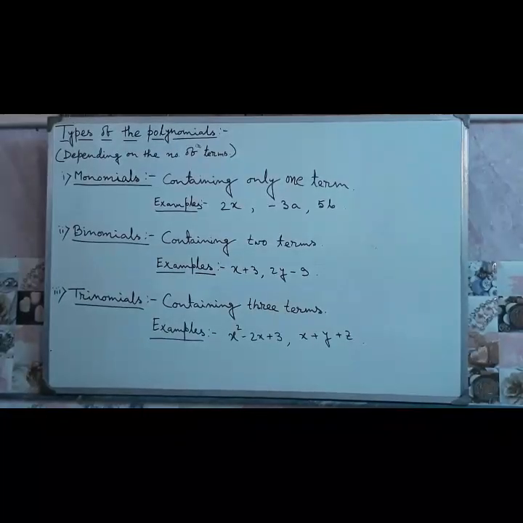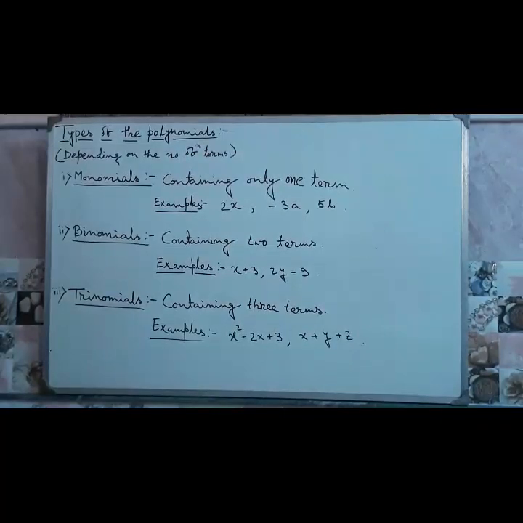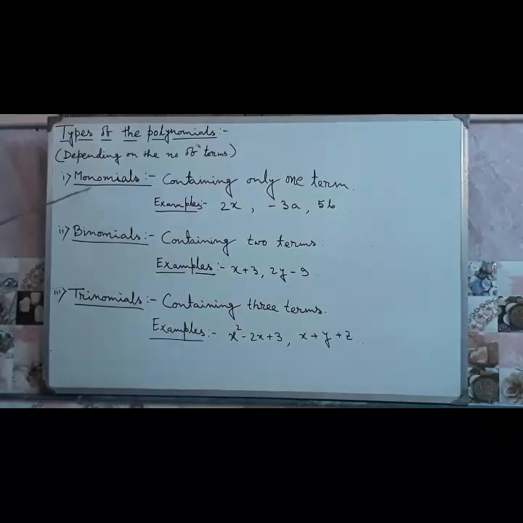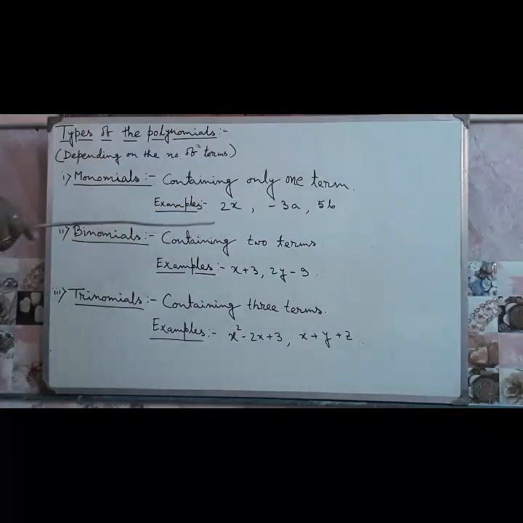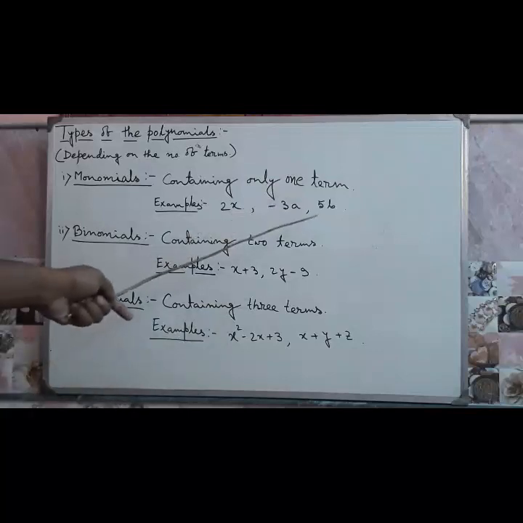Now, we shall see the types of polynomials depending on the number of terms present in the polynomial. The first one, monomial, is a polynomial containing only one term, such as 2x or minus 3a or 5b.